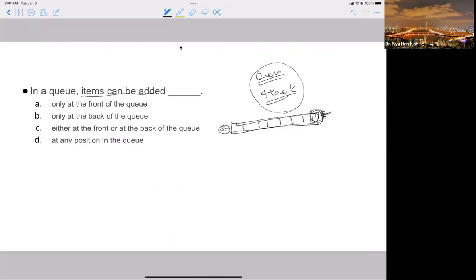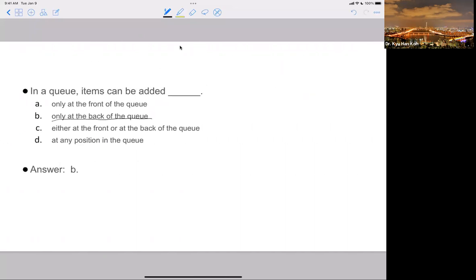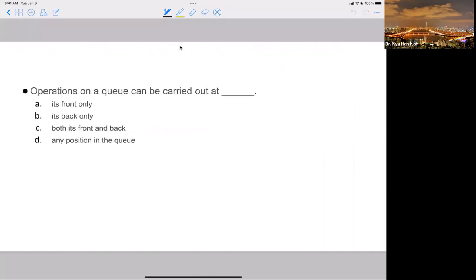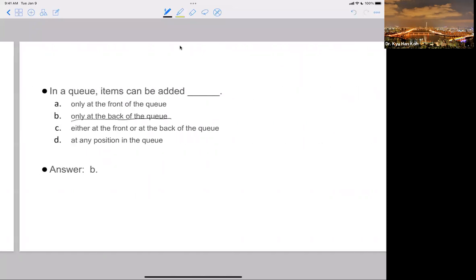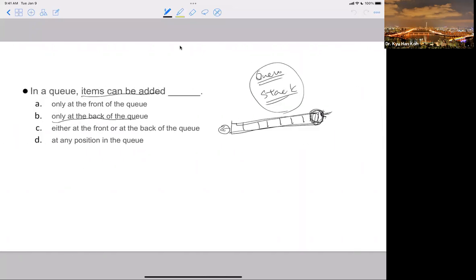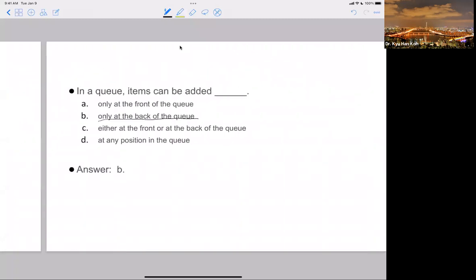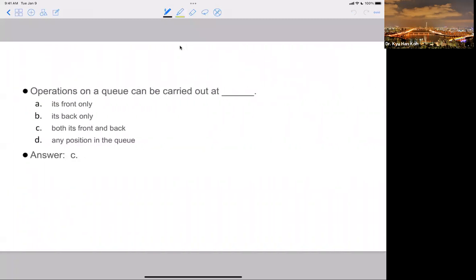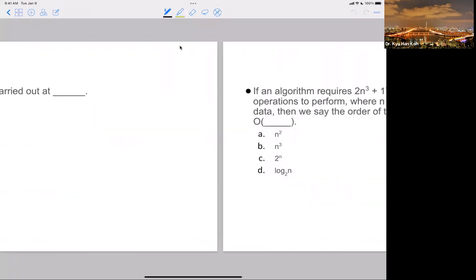We call this the rear part, right? Only at the back of the queue. And operation on a queue can be carried out at where? Again, we put it here and the item comes out here. So the answer is both the front and back. So if you don't get this one, then I seriously encourage you to check out the Programming 2 textbook.